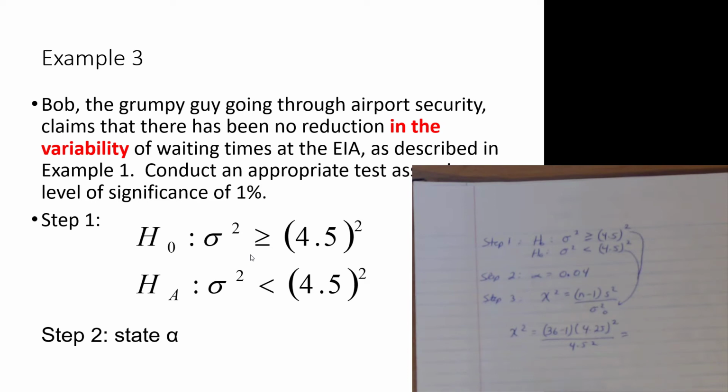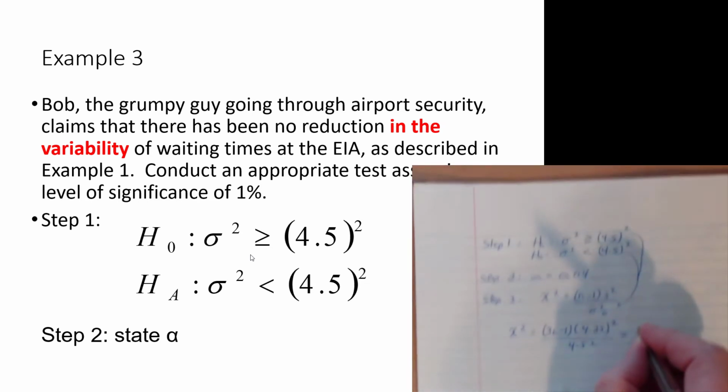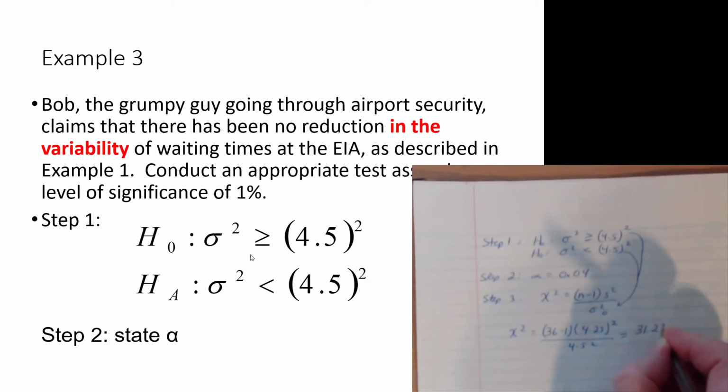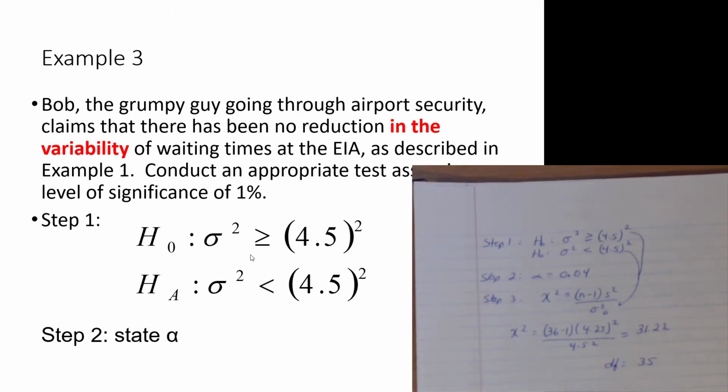And we get our chi-squared statistic of 31.22, not to forget the degrees of freedom, which is n minus 1, becomes 35. Okay? Can't have one without the other. Anyway, we need both of those pieces of information to clearly put that chi-squared test statistic in context.